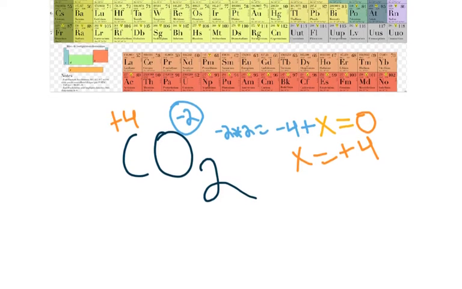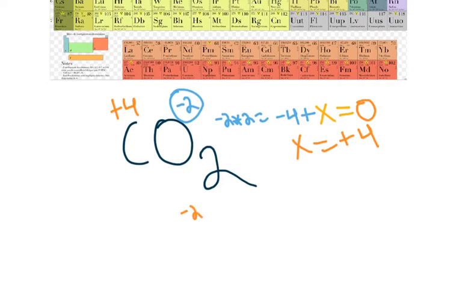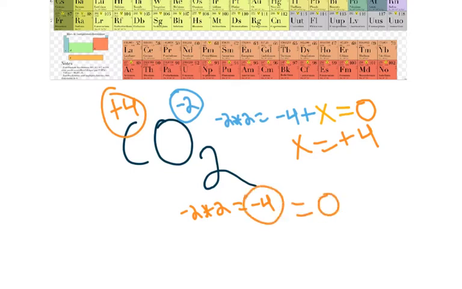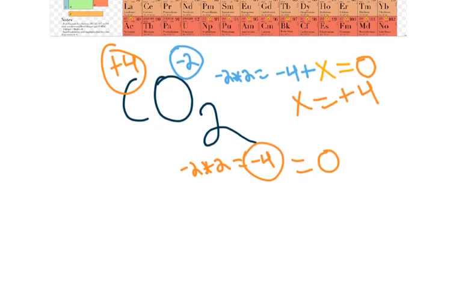You can even test that out. Multiply -2 times 2 oxygens, which is -4. Then +4 minus 4 equals 0. And that's what we want because CO2 doesn't have any net negative or positive charge. It's neutral, so it has to equal 0. All right, so that's CO2.